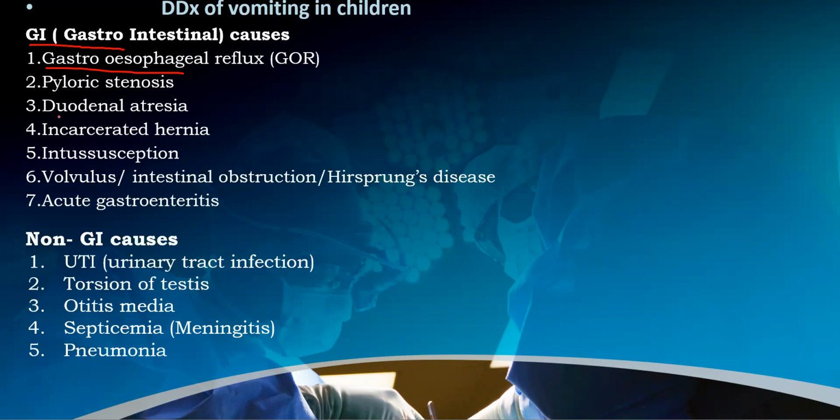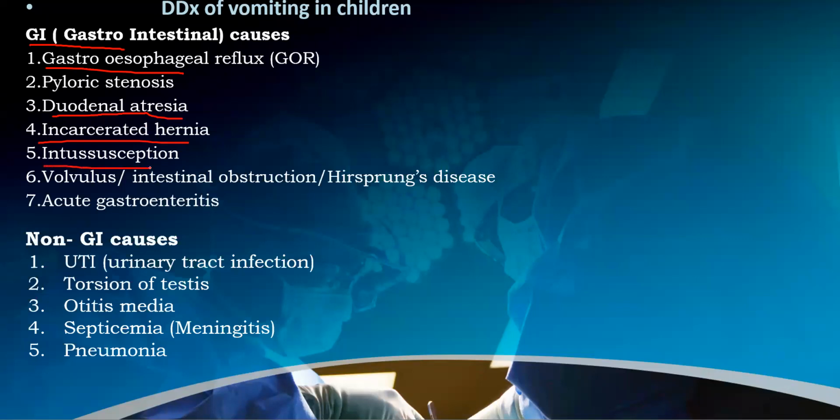Then next, your duodenal atresia. It commonly presents initially just after birth. The child will start vomiting within 24 hours of birth, and whenever the mother tries to breastfeed, the child vomits it out. So that's duodenal atresia. Incarcerated hernia can come at any age group.